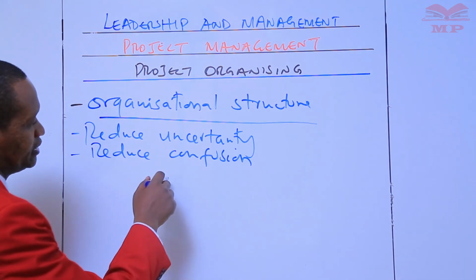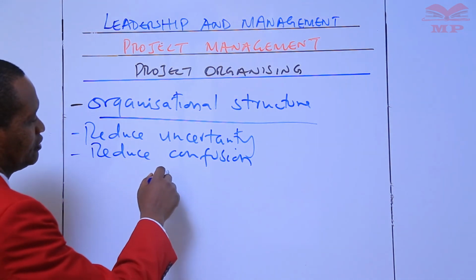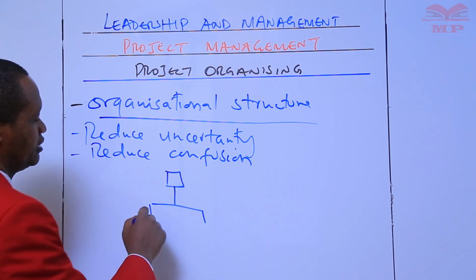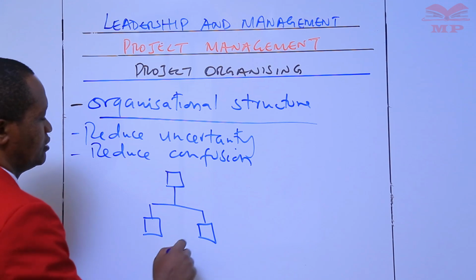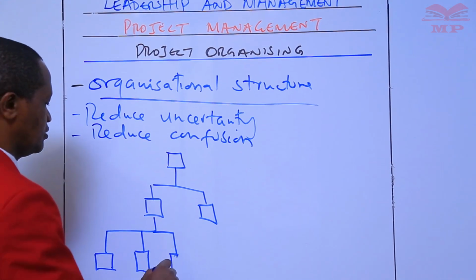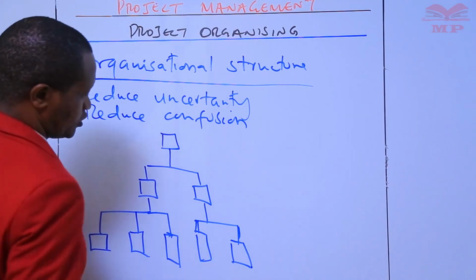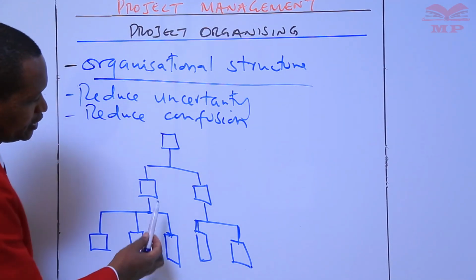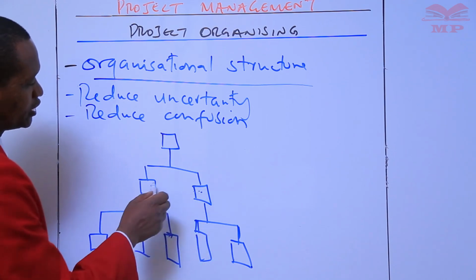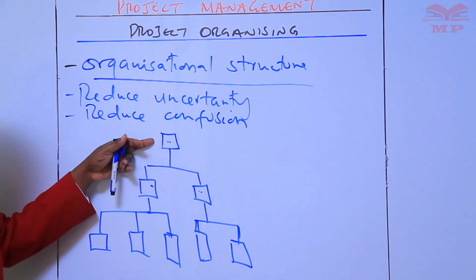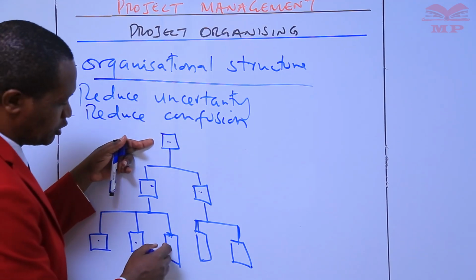The pyramid. This pyramid we are talking about. So candidates, this is a form of a chart, and the individuals located closer to the top have more authority than those located at the bottom.